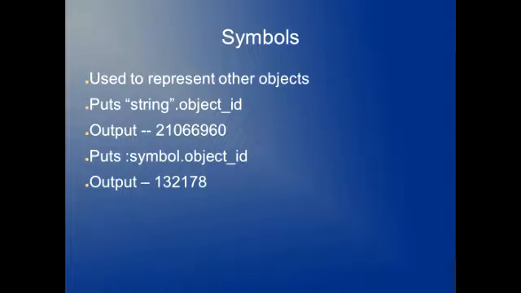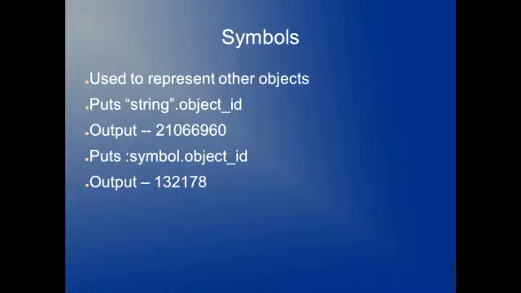Symbols. Symbols are used to represent other objects. Symbols are generated by placing a colon before an identifier, for example, :number or :symbol. Some methods convert objects to symbols using the to_sym method.